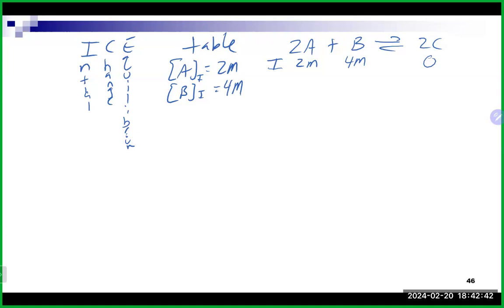It should be heading in the forward direction, since all you have is reactants. That's the only direction that could occur. So as this reaction starts, the amount of my reactants, should they end up being more or less than what I started with?